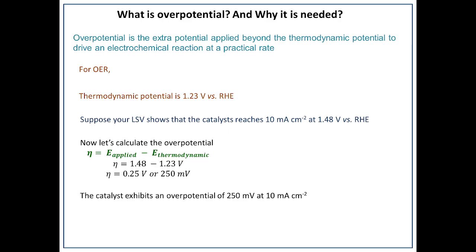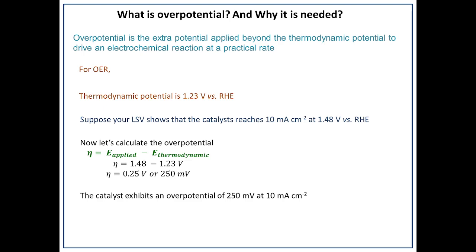So you have to push harder than the ideal force. Electrochemical reactions behave in exactly the same way. Although thermodynamics says the reaction can occur at 1.23 volt, the reaction does not proceed fast enough because it faces several obstacles. We need to apply extra voltage. This extra voltage is called overpotential.